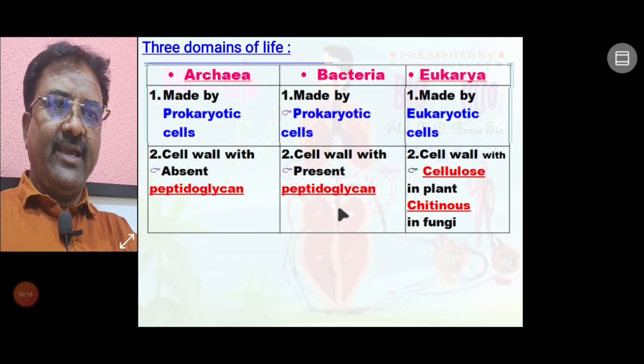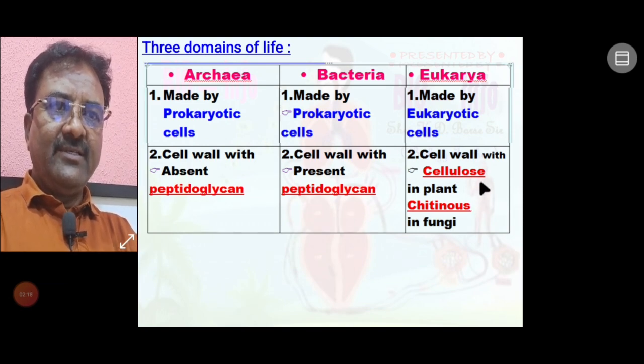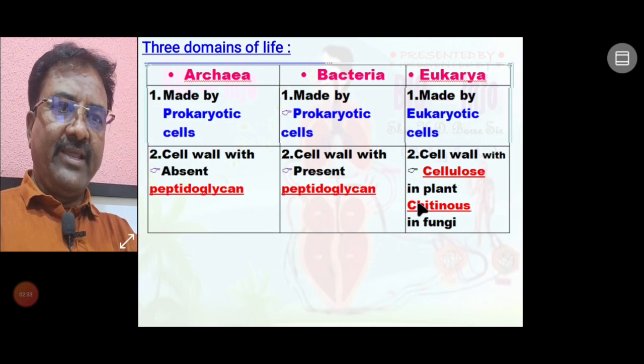In eukarya, the cell wall, especially in plants, contains the chemical material cellulose. In fungi, the eukaryotic cell wall is chitinous.